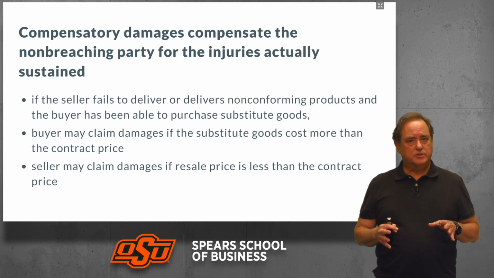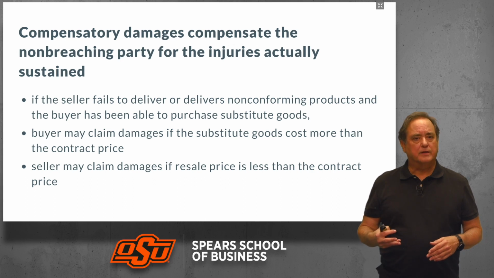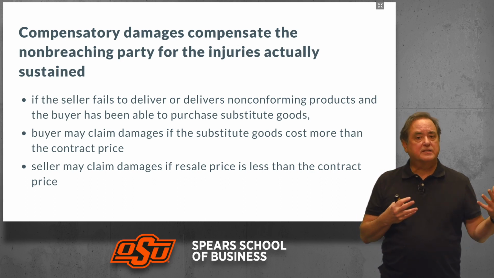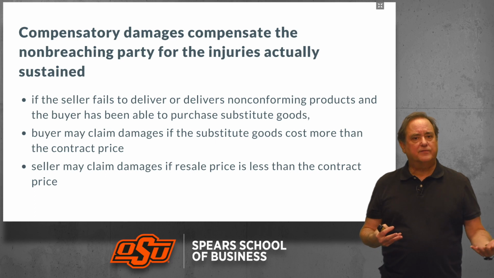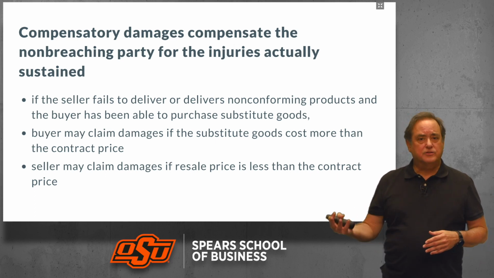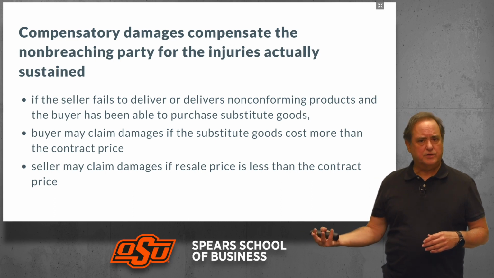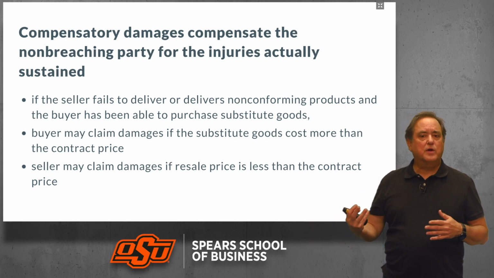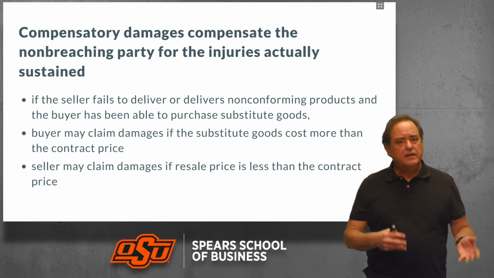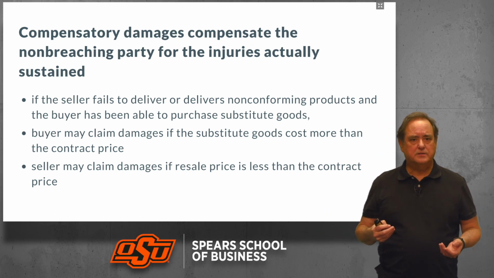Compensatory damages compensate the non-breaching party for the loss of the benefit of the bargain, meaning for the loss that the non-breaching party suffered. So if a seller, for instance, fails to deliver goods or delivers non-conforming goods, and the buyer has been able to purchase substitute goods, the buyer is going to be able to claim damages if the substitute goods cost more than the contract price.